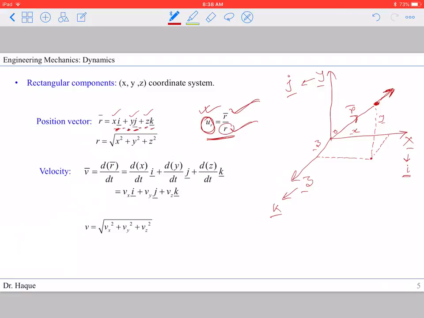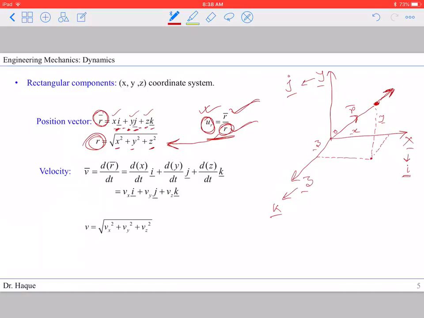So how do we get the magnitude of the position? It's easy. If we take x, y, and z squared, sum them and take the square root, we will get the magnitude r, the magnitude of the position vector.